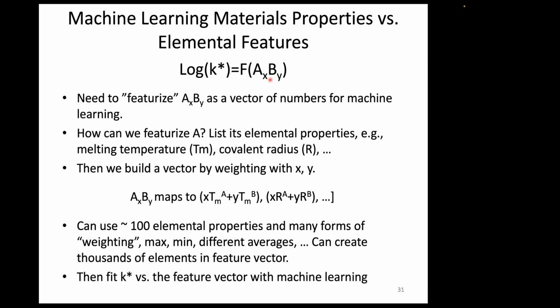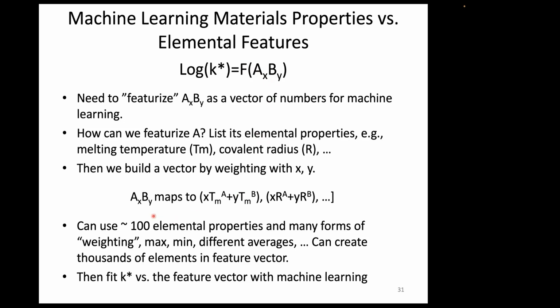So a way that people often do this is called elemental property featurization, where I'm going to take the properties of the element A and the properties of the element B, and I'm going to merge them together into a list of numbers, and I'm going to make that the vector that represents this compound.